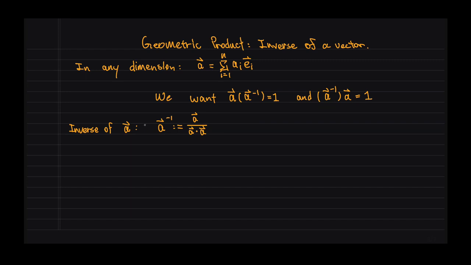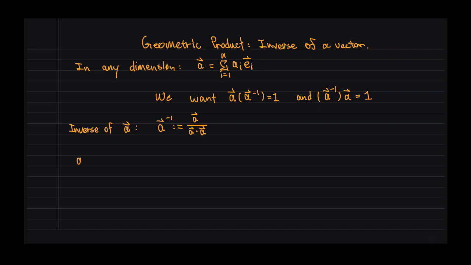So now we think about, okay, how should this inverse vector a be? We can try to define it in this way and see, does it work? So let's define the inverse of vector a as vector a divided by the dot product of vector a and vector a.